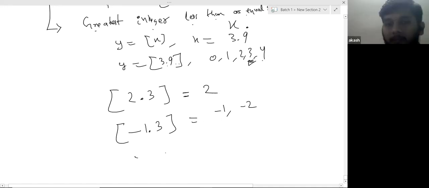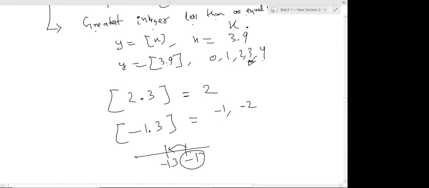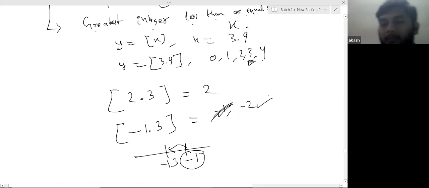See, -1 on the number line lies here, -1.3 lies here, right? -1 is bigger than this, and the answer cannot be bigger than that. So we'll have -2 as the answer. So keep this in mind when dealing with negative numbers in the GIF function. This is called the GIF function in short.